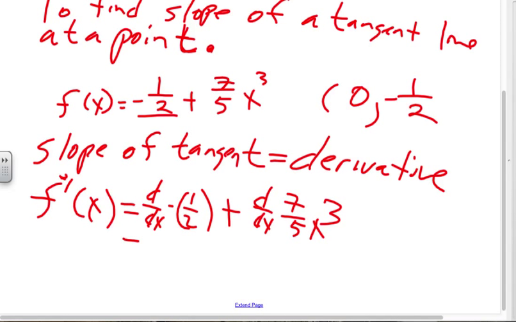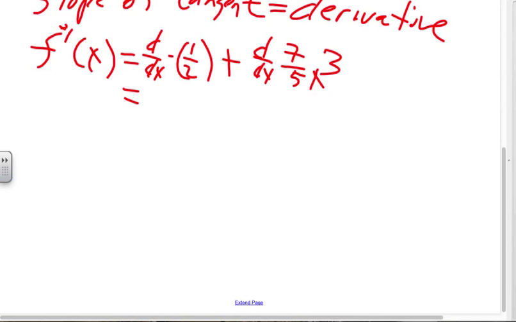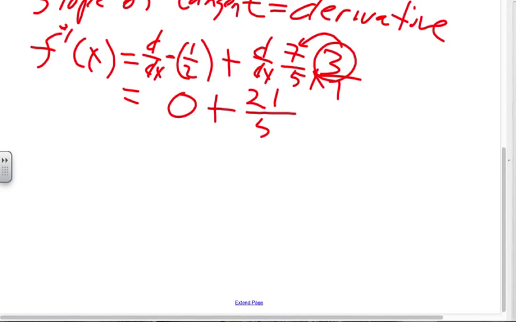Okay, so now we come in and we take a look at each one. The derivative of a constant is 0. On this one, I multiply my fraction by that, and this is 3 over 1, so you just multiply the numerator. So it's going to be plus 21/5 x, and then I subtract 1 from my power, x squared.